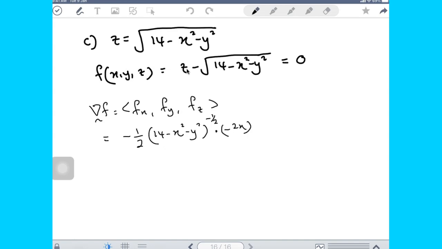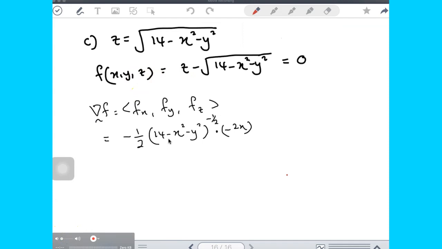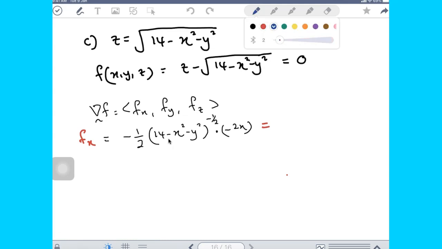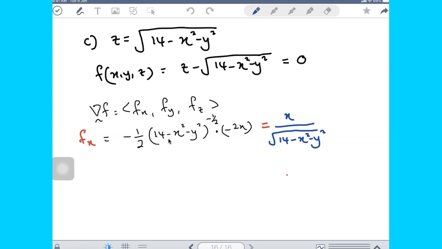This one is only computing the fx first. And when I simplify that, we will get x over square root of 14 minus x squared minus y squared.